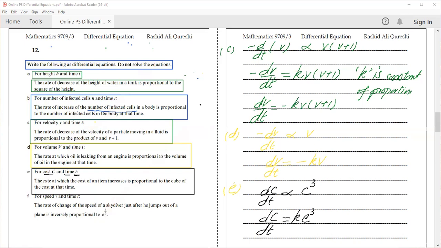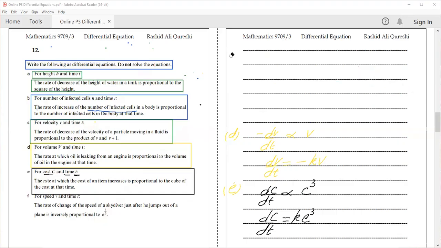And the last one is over here. The E part, not the E, that is the F. So the F part of the question is, I will use the red marker.